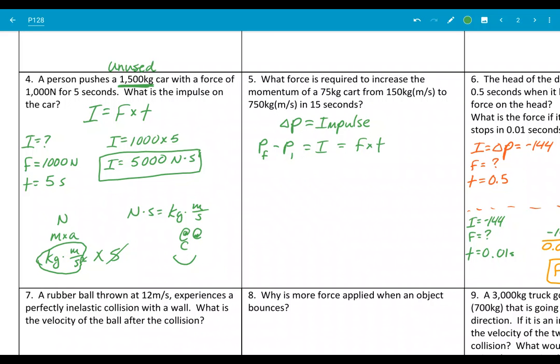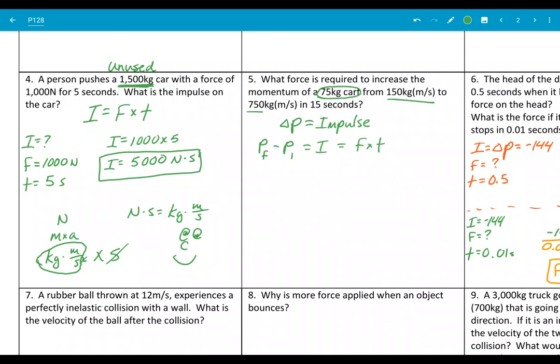Anyways, let's see here. So, right, we've got two values for momentum. It says it wants to increase the momentum of the cart, where again, we've got a mass in here that we don't need. It's just in there messing you up. Okay, but we do have a value for momentum.